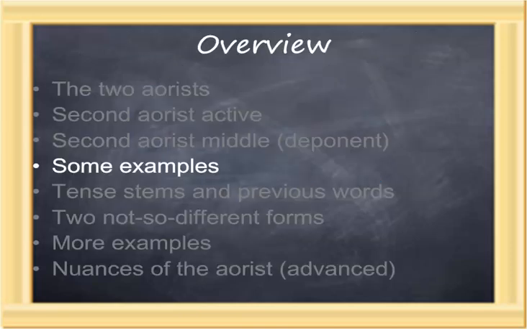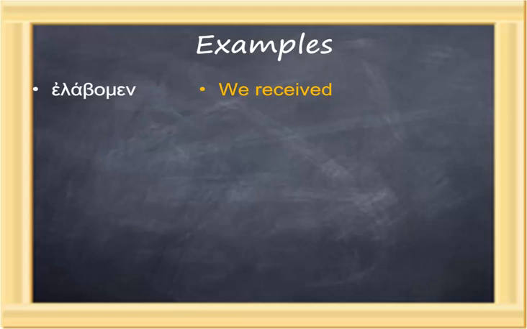Having looked at the forms of the second aorist, active and middle, let's practice some translation. Elabamen is clearly built on an aorist stem, lab, from lambano, to receive, so it's translated, we received. Egeneto is third person singular, second aorist middle in form, but the verb is deponent.